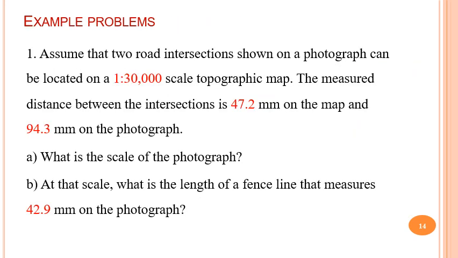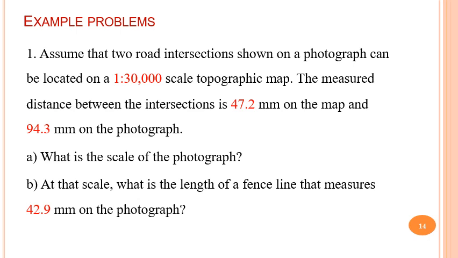Example. For better understanding, we go through one detailed example of how we calculate the scale. Assume that two road intersections shown on a photograph can be located on a 1:30,000 scale topographic map.